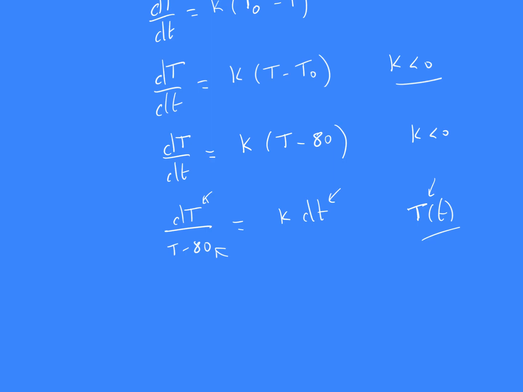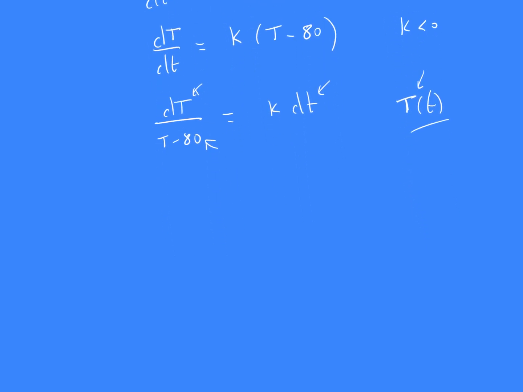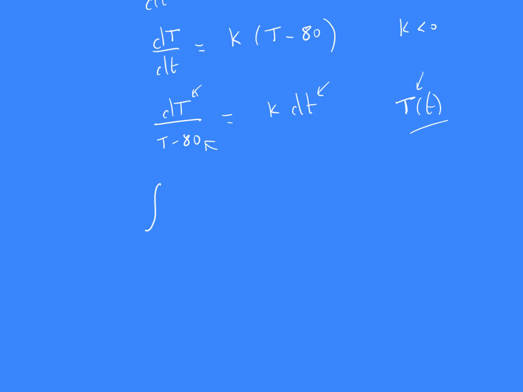And what we expect with this law is that the temperature will go down, down, down, and eventually arrive at 80 degrees when the time is very, very long. So how do we solve this equation? We integrate both sides from the initial temperature, 1500, to the final temperature that we will name T.